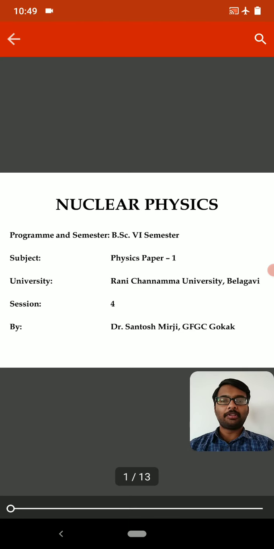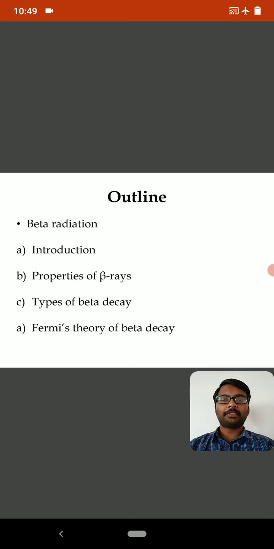In that we have discussed the properties of alpha radiation, the theory of alpha decay, the range and energy of alpha decay, ionization and specific ionization of the alpha decay, and after that we have also discussed one relation between the range of alpha decay and the decay constant in the form of one law which is known as Geiger-Nuttall law.